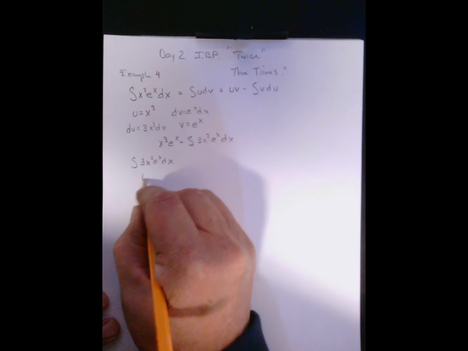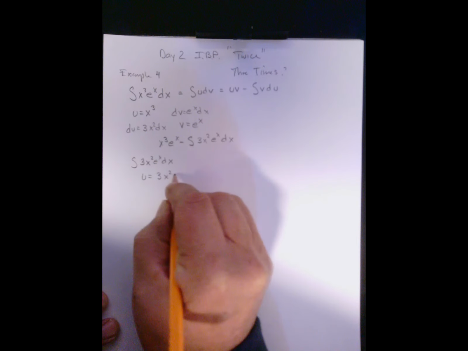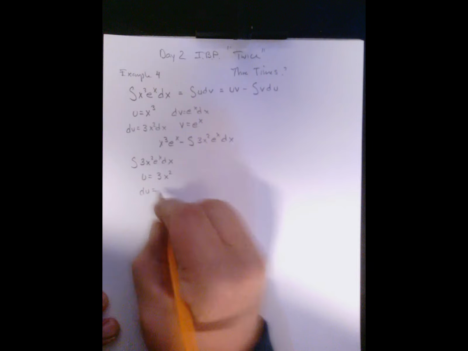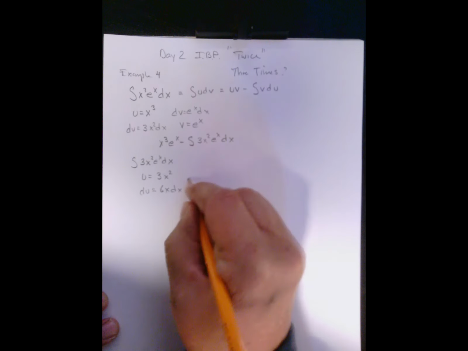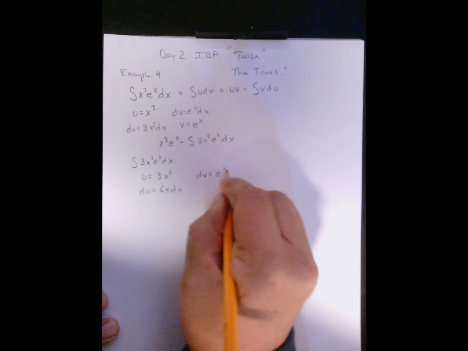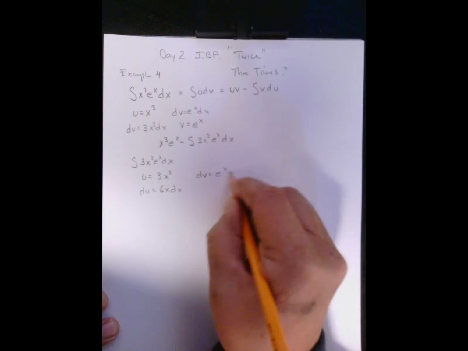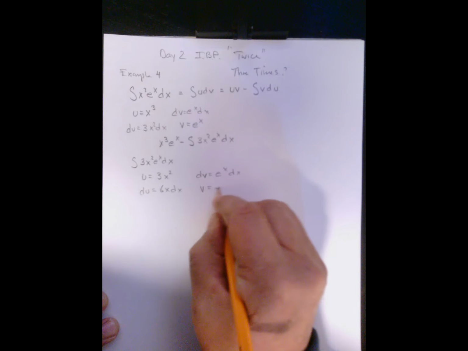This time I'll let u equal 3x squared, then du equals 6x dx. If I let dv equal e to the x dx, then v must have been e to the x.